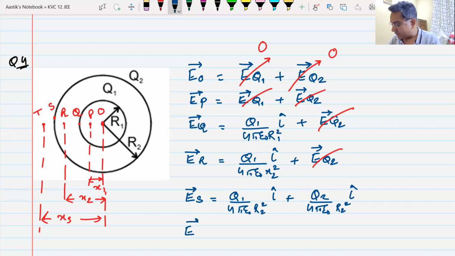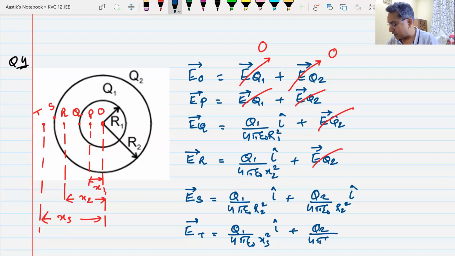To find the electric field at the point T, again it will be Q1 by 4 pi epsilon naught x3 square along I for the first charge, plus Q2 upon 4 pi epsilon naught x3 square I due to the second charge. So these are the answers that we have.